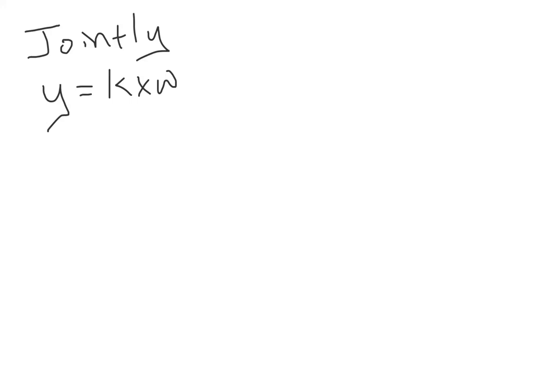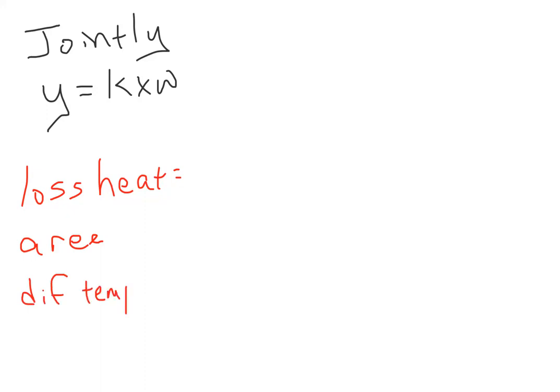So we have the loss of heat through a wall varies jointly with the area of the wall and the difference between the inside outside temps. I'm going to put difference temps. And varies inversely. Ooh, we got a double.